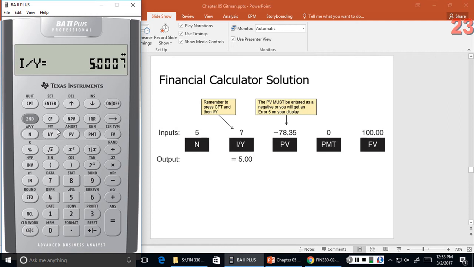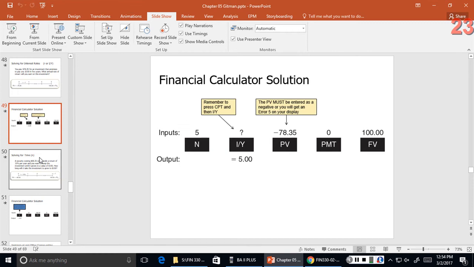And just to show you what would happen if you don't enter this as a negative number, you're going to see this. When that pops up, automatically you're thinking, okay, I should have entered the present value as a negative number. A lot of you are going to see this as you practice, but that's okay. That's why we practice. All right.